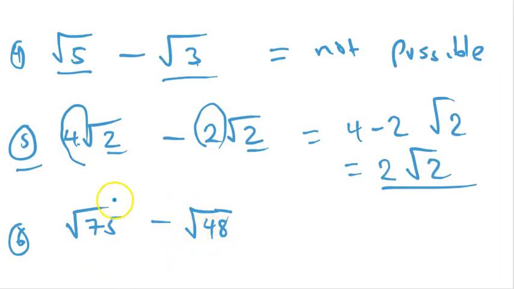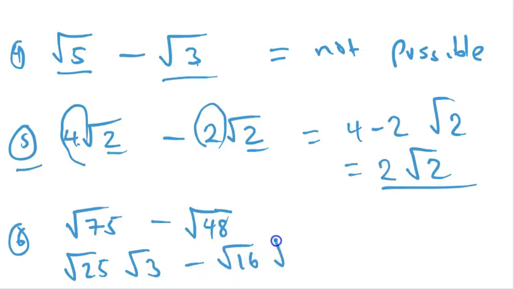When you're simplifying, you're breaking down into two radicals such that one has a perfect square. For example, root 75 can be broken down into root 25 times root 3, and root 48 can also be broken down into root 16 multiplied by root 3.